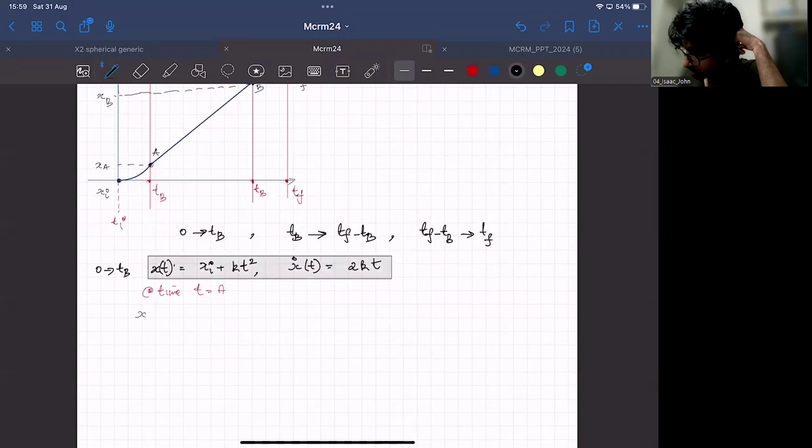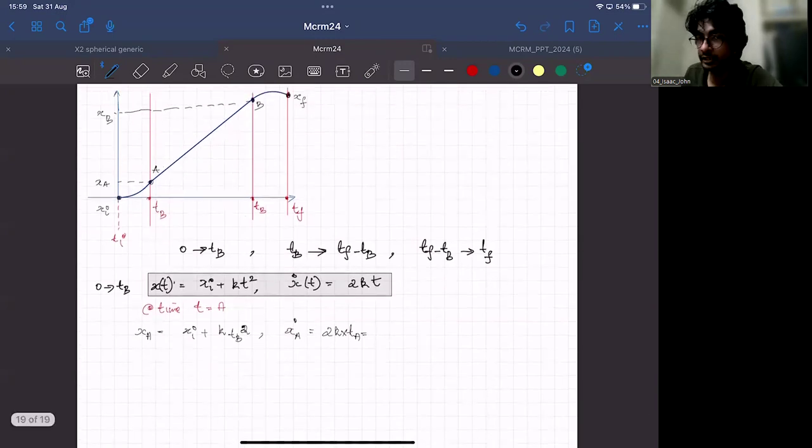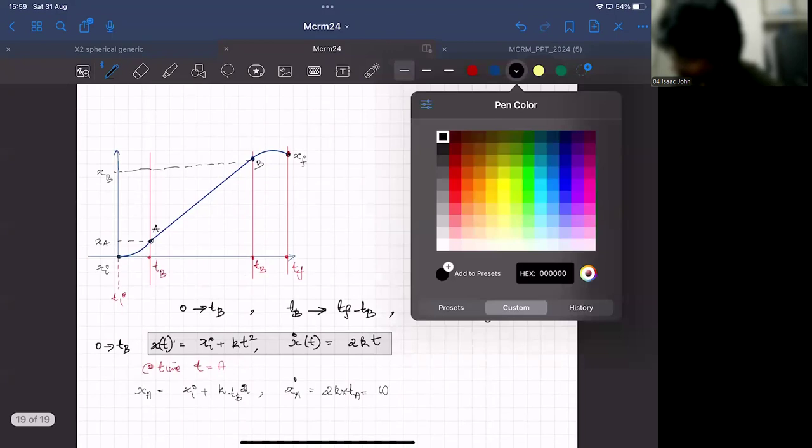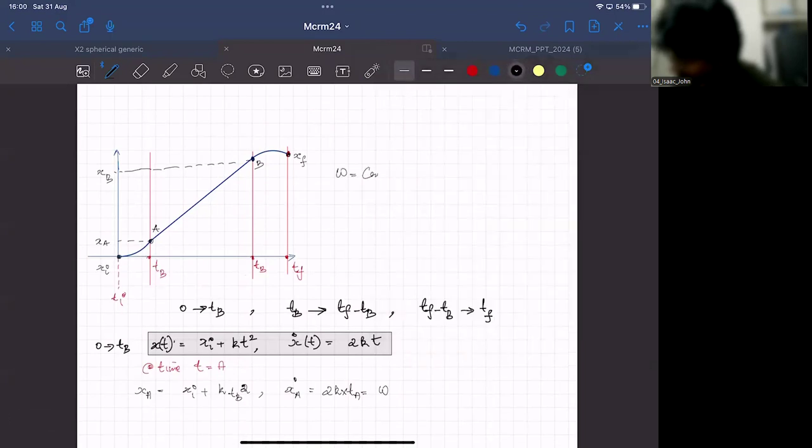So x of A would be x of I plus k tb square. That is one equation. And velocity, xa dot, would be 2k multiplied by tb. And we also know that this velocity is the cruising velocity, that is nothing but omega, if you are given this cruising velocity omega.